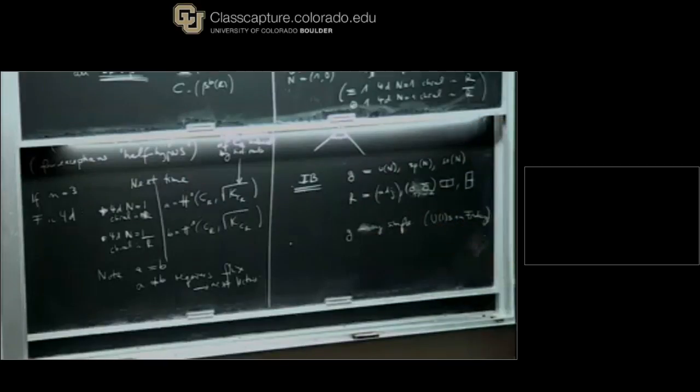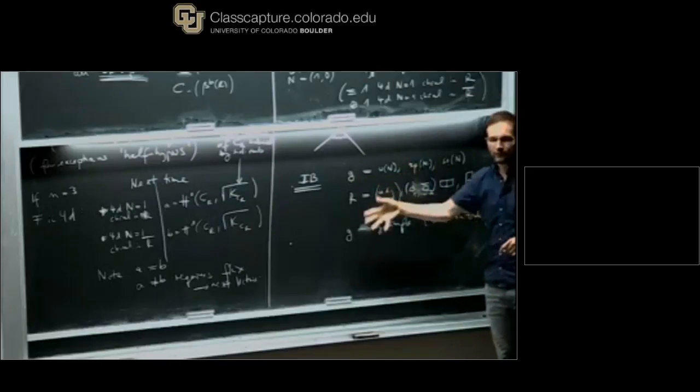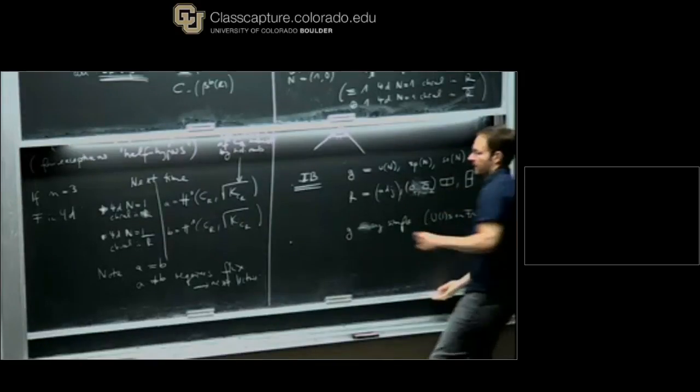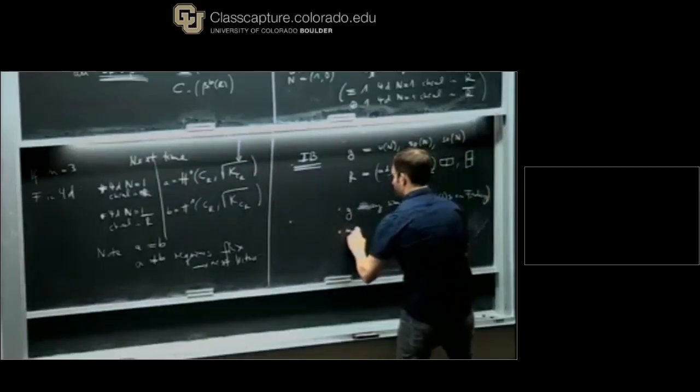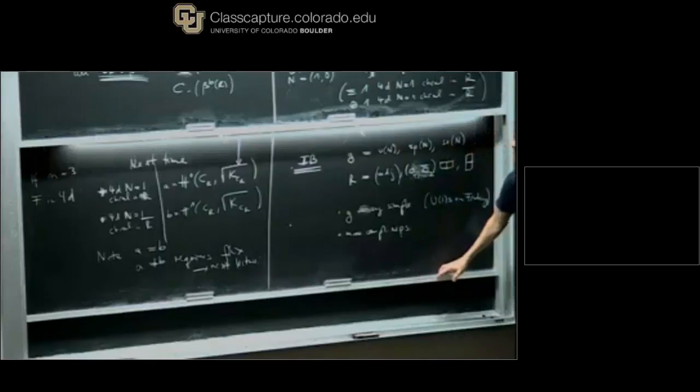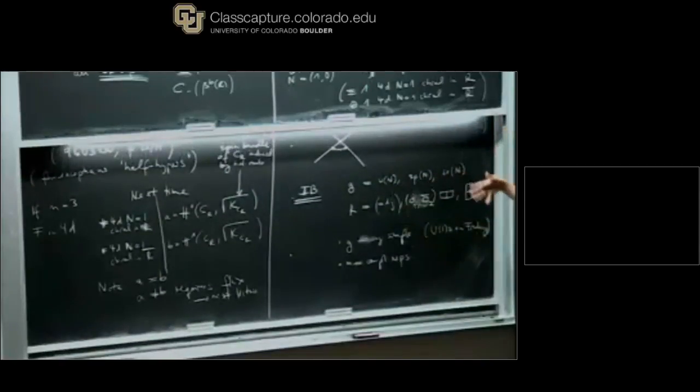In particular, there are exceptional F4 and G2 groups, which are not possible perturbatively, and much more complicated representations. So this includes those, but goes far beyond this.